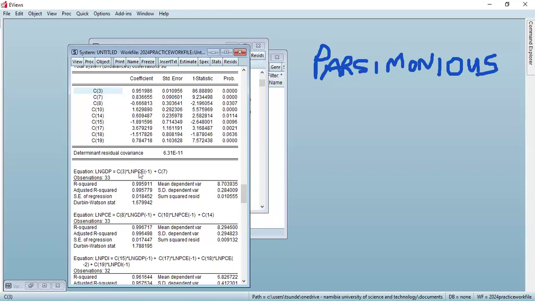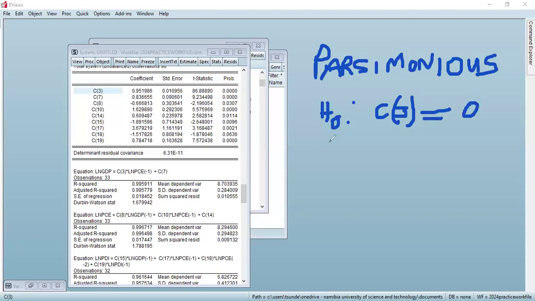So to do the test for the first equation, whether PCE Granger causes GDP, since we only have one coefficient for PCE, our null hypothesis is that C3 is equal to 0, and the alternative is that C3 is not equal to 0.